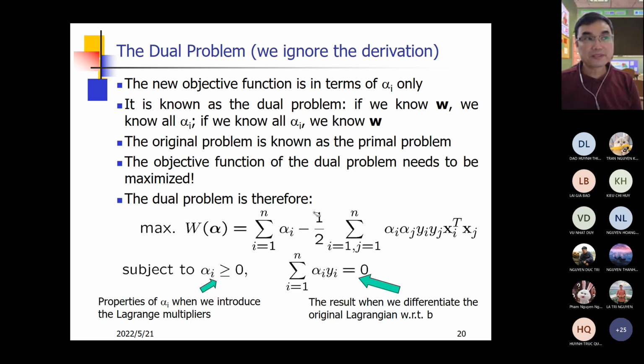And now what is the difference between using an SVM dual problem and the perceptron, or something like that?